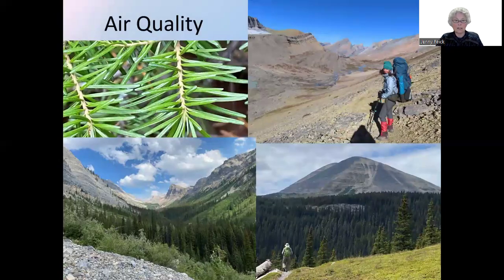Trees have the ability to provide an essential of life for all living things on our planet, and that's oxygen. And they also have the power to remove harmful gases like carbon dioxide, making the air that we breathe healthier and the planet healthier. As a byproduct of the process of photosynthesis, oxygen is produced and released by a tree.